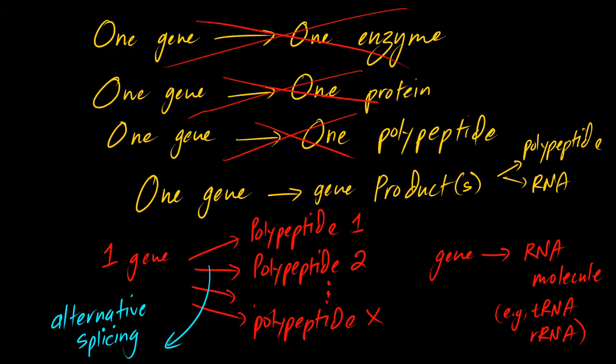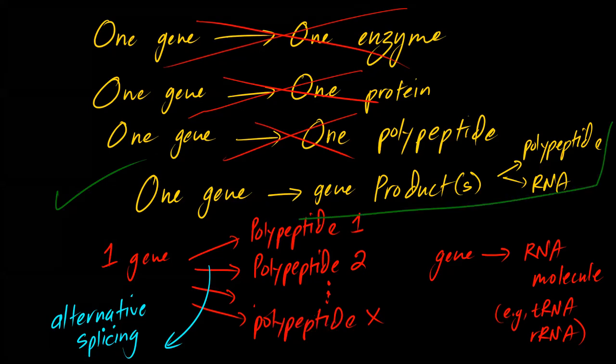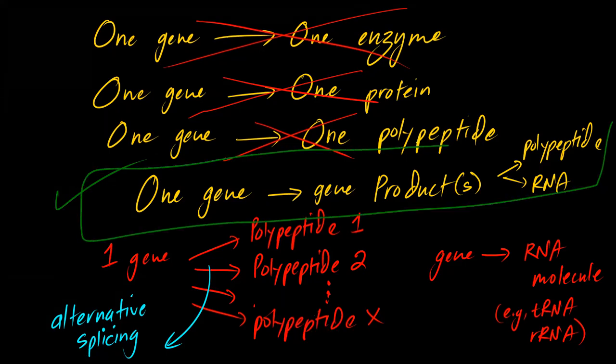So this is the right statement that describes the relationship between genes and proteins or gene products. Whether these products are polypeptides or RNA, they will have a function and will be responsible for certain phenotypes inside the cell. Okay?